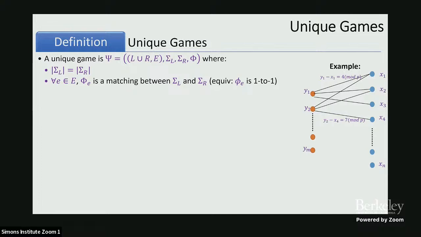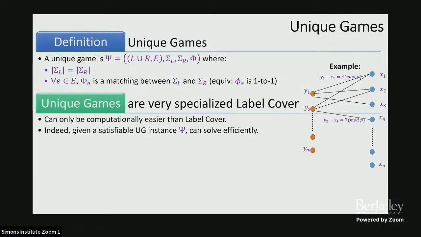Okay, so we know what unique games are now. And the only thing that is clear so far is that unique games are just a very, very special type of label cover instance. So in principle, they may be easier, computationally speaking. And for example, here is one aspect in which they are in fact easier.